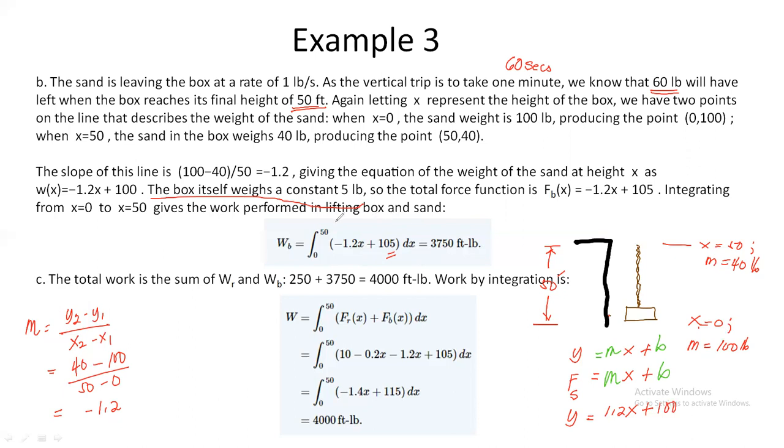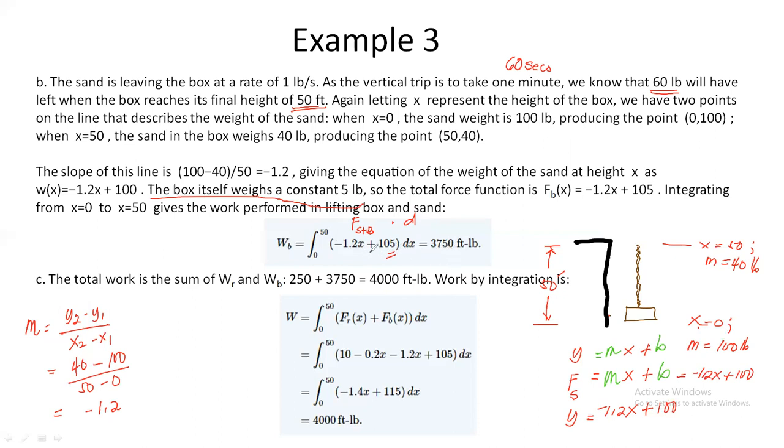Now, this is the force due to the sand and the box. The sand plus the box. Not just the sand, because the sand is just negative 1.2x plus 100. Now, the sand and the box is negative 1.2x plus 105. This is the displacement. It has to be integrated on the limits 0 to 50, because this is the distance in which your box will be pulled up.